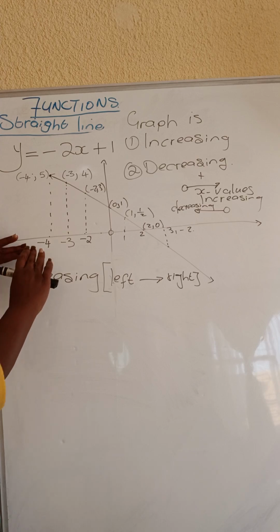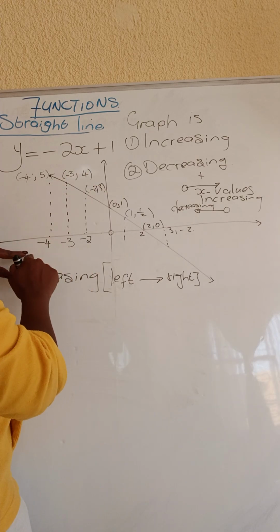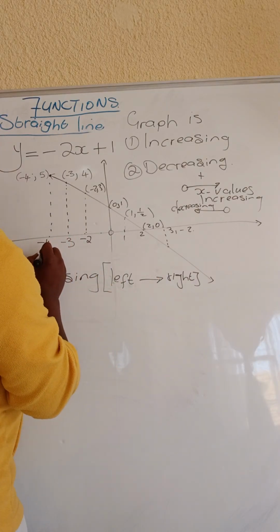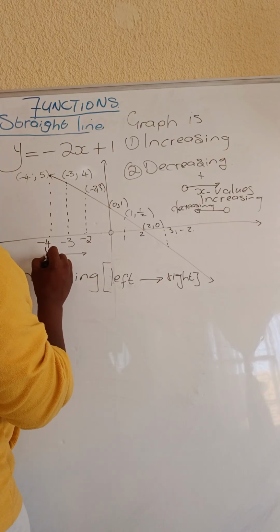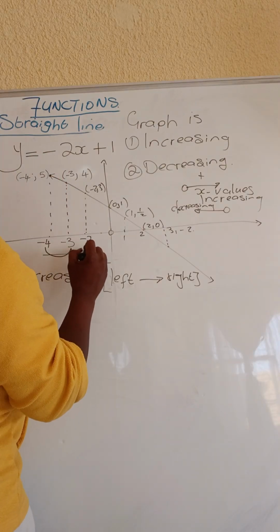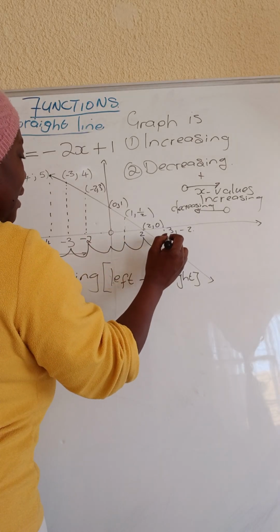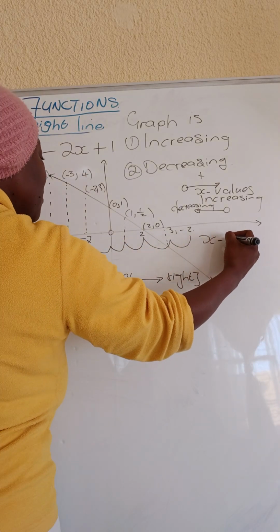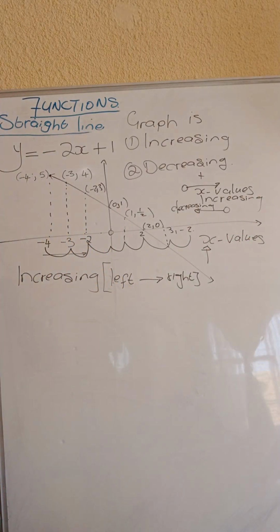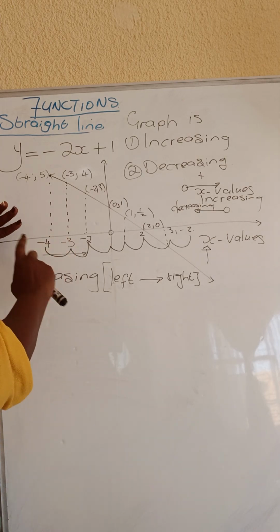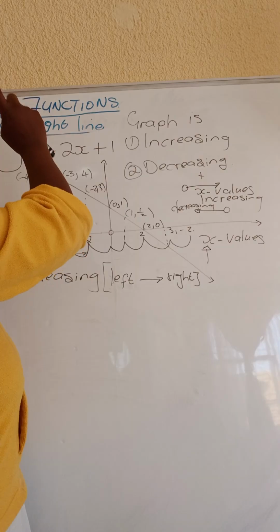Now I want you to look at what happens to the y values as my x values are increasing. Remember, going to the right, the x values are increasing, increasing, increasing. Let's see what the y values are doing.